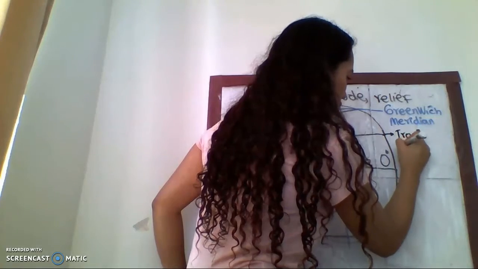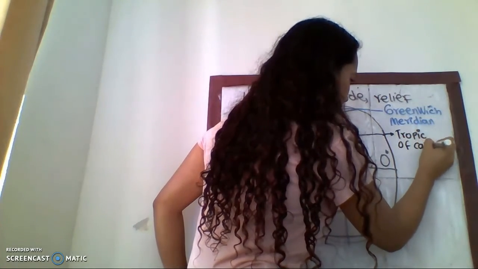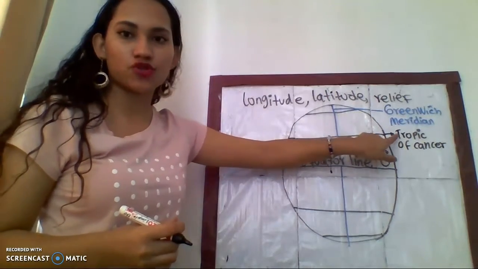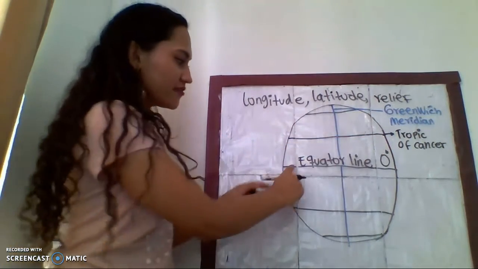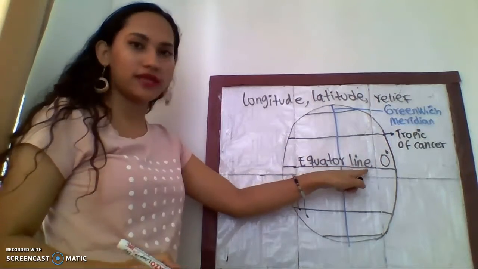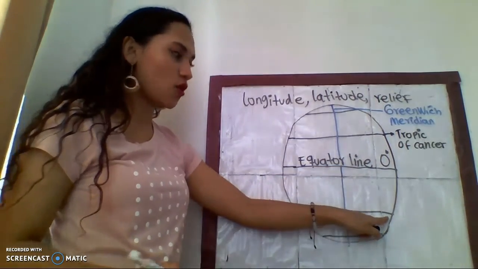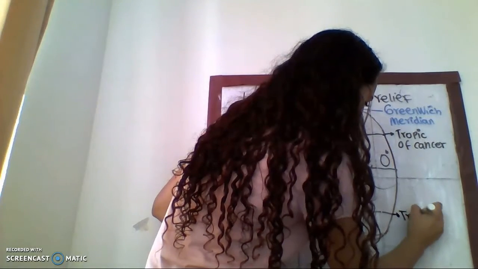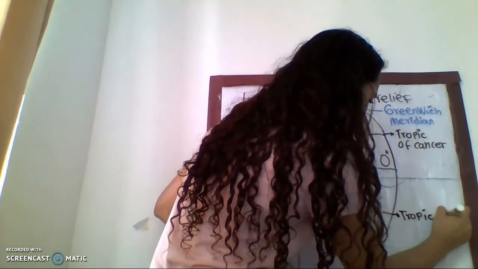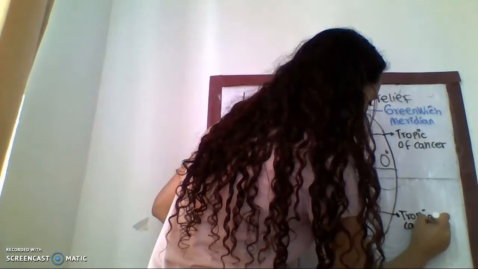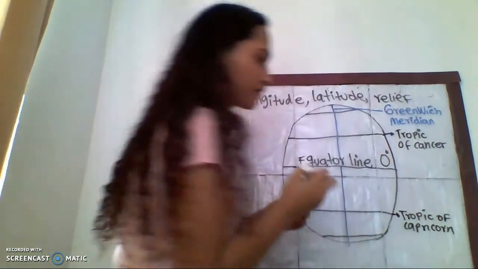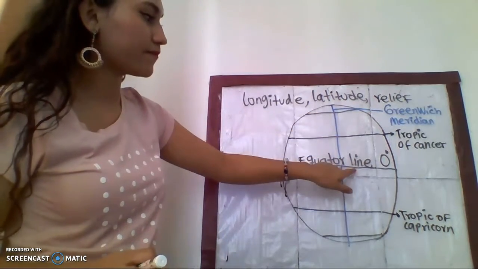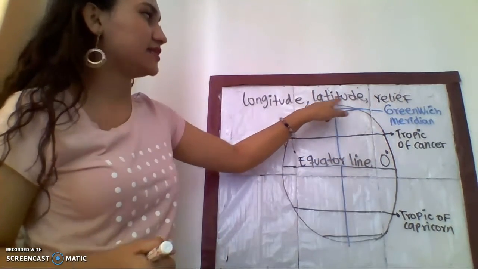This parallel is the equator line, and this parallel is called the Tropic of Capricorn. These are parallels, and this is the latitude.